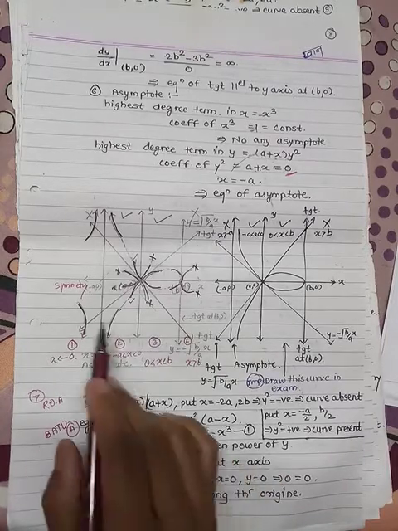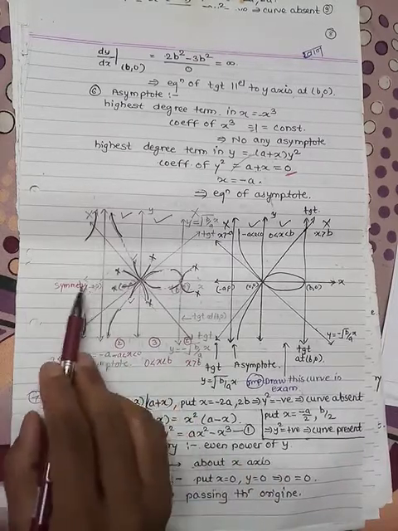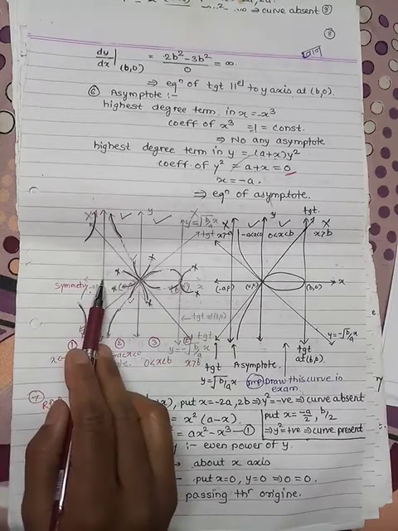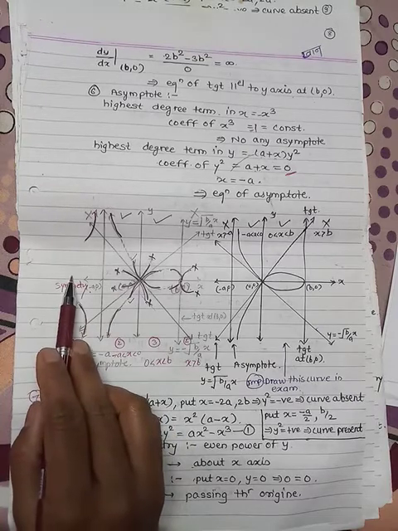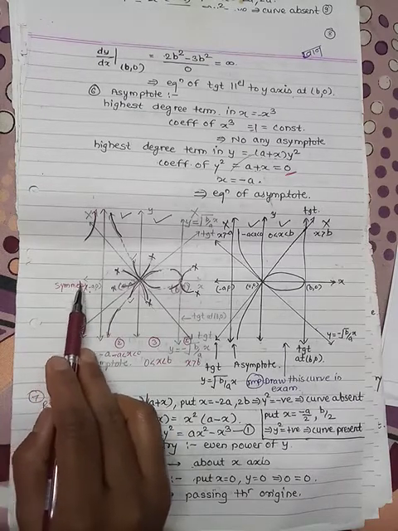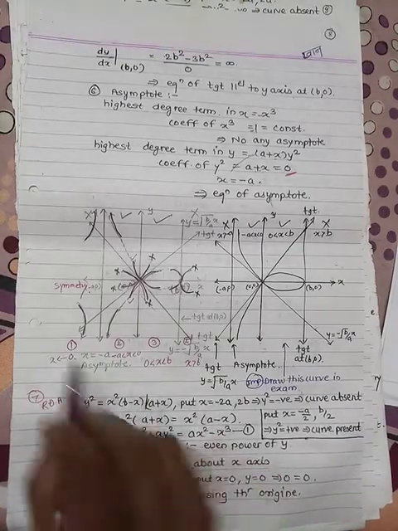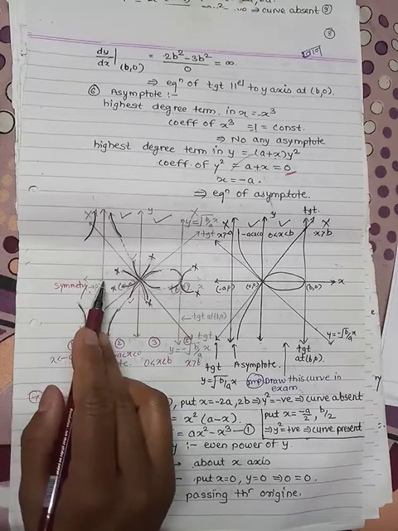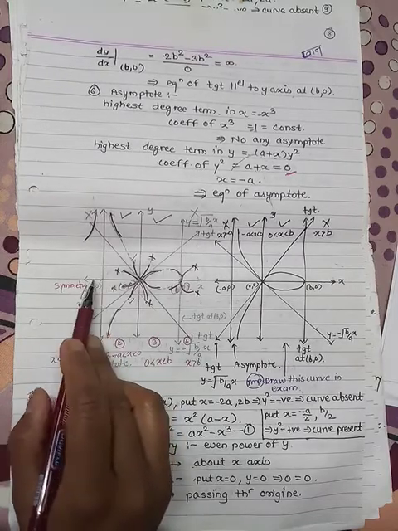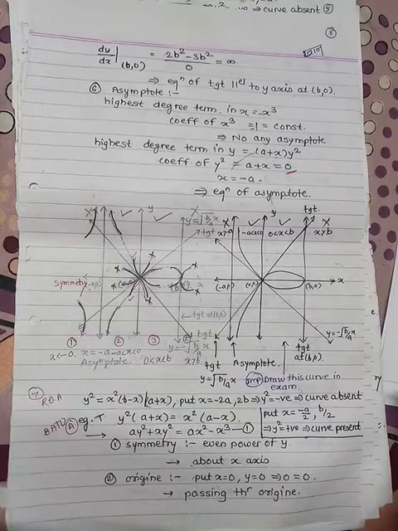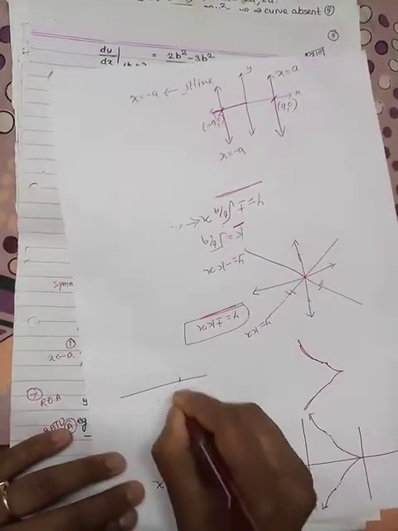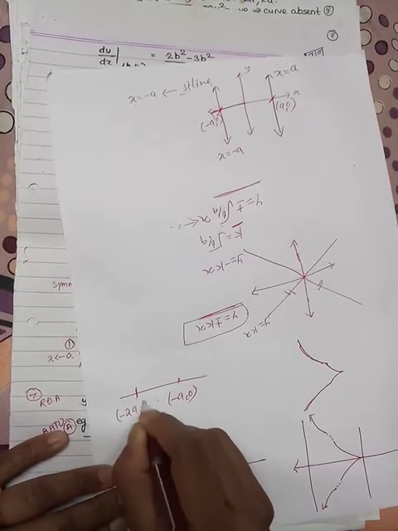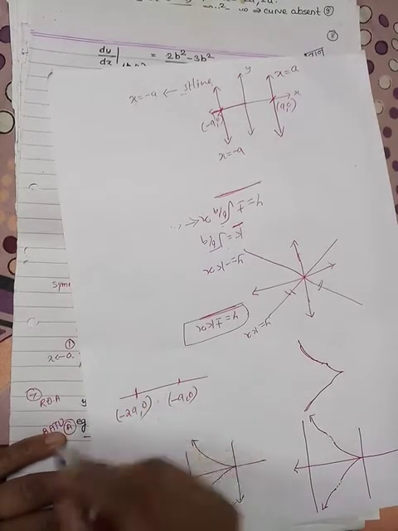So here in this partition x less than minus a. So here as this point is minus a, so here there will be minus 2a 0 point. So from this partition put x equal to minus 2a. So as this point is minus a 0, definitely there is a minus 2a 0 point on this left side.